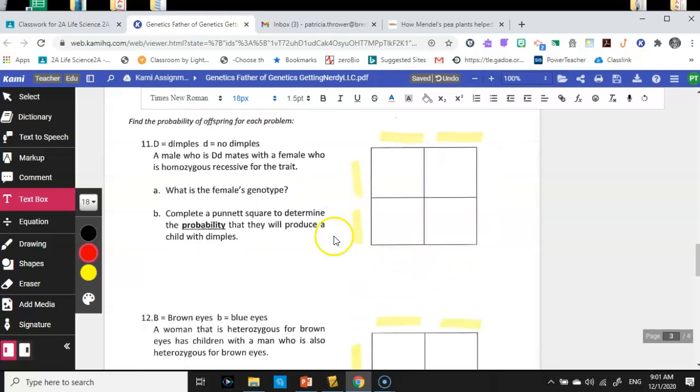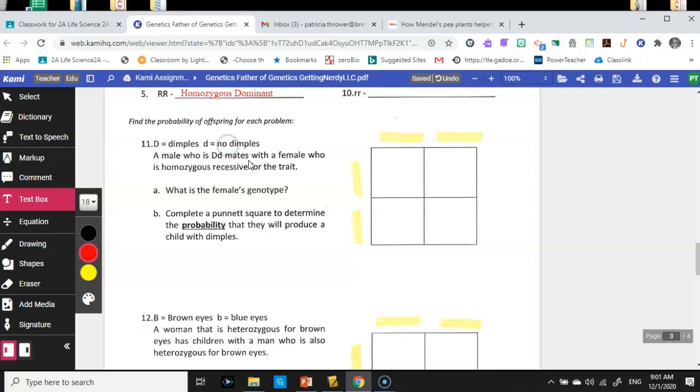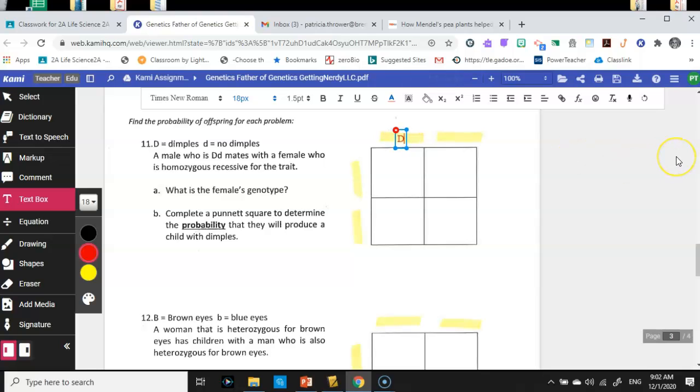And down here is another problem. You're going to set it up the same way. Again, we're talking about dimples or no dimples. This male is heterozygous. So you're going to put him here. There's my capital D, and I'm going to go over here and put my small d.